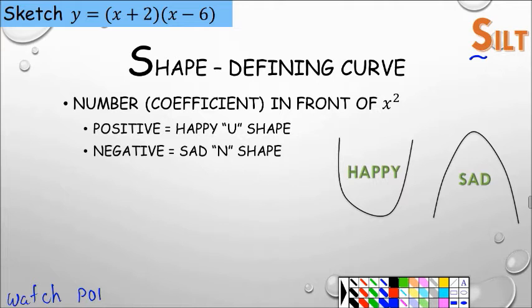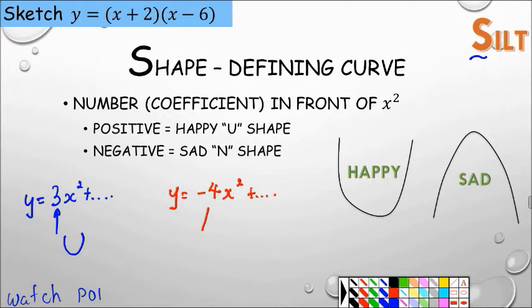But just a summary, we say that when the coefficient of x squared is positive, then this is a happy curve. On the other hand, when the coefficient of x squared is negative, we say that this is a sad curve.